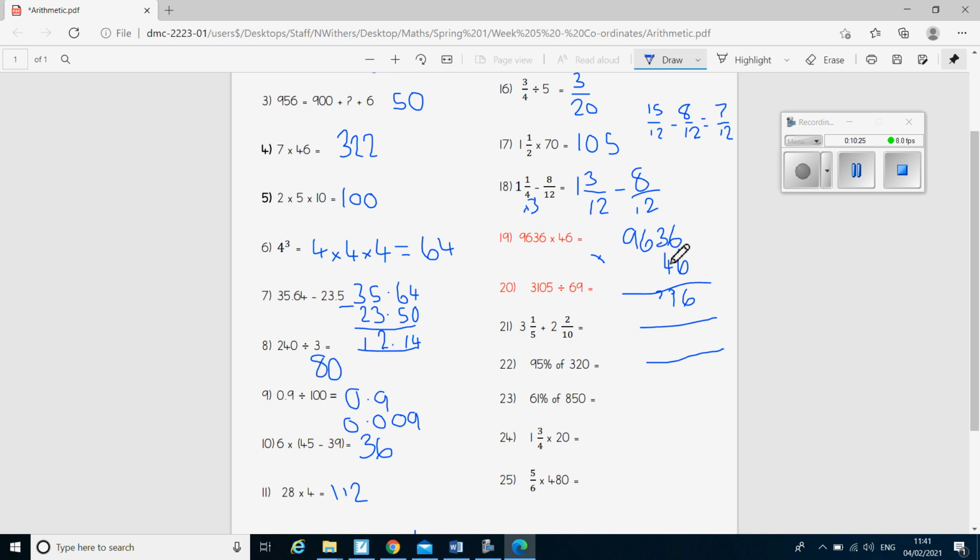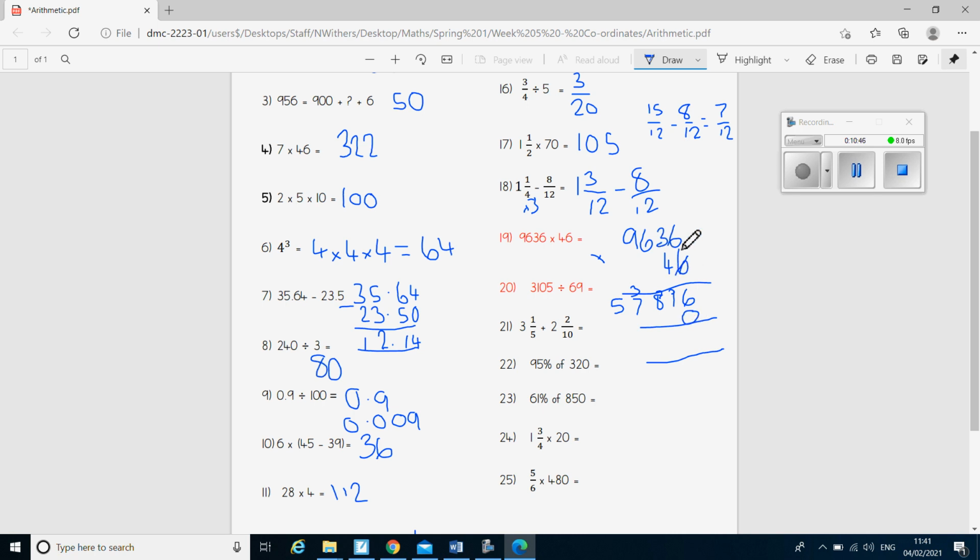6 times 6 is 36. Add my 2 gives me 38. 6 times 9 is 54. Add my 3 gives me 57. I've finished multiplying by my ones column, so I'm going to cross it out and put a 0 placeholder.